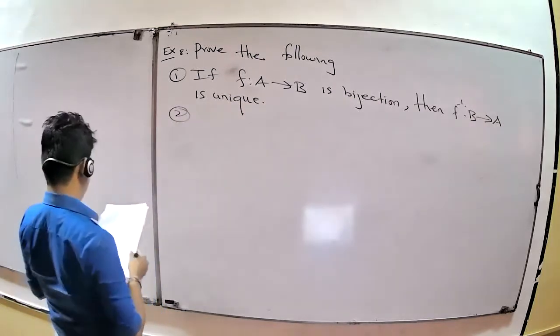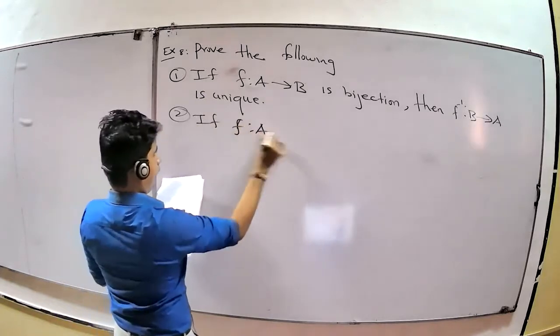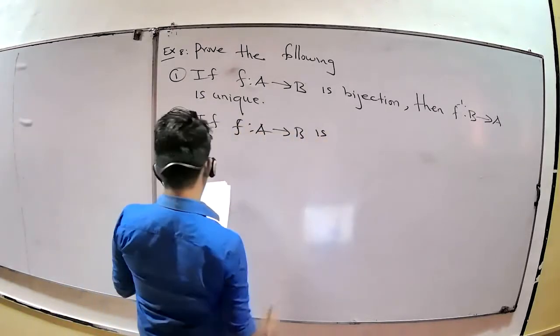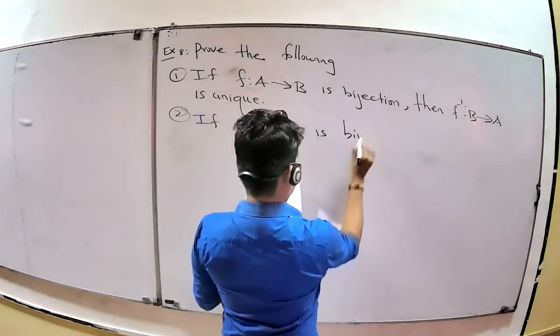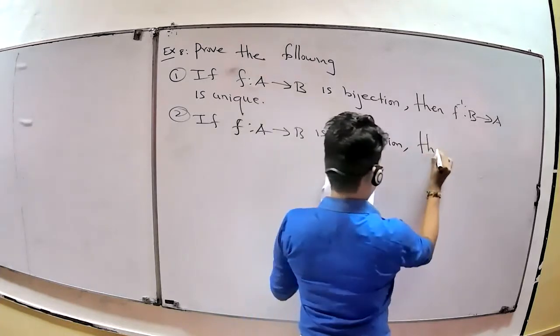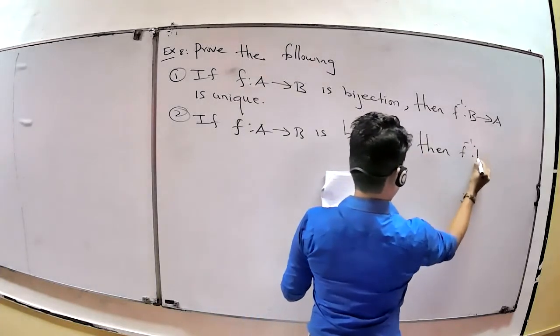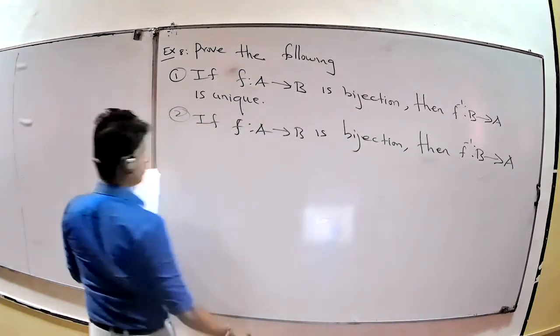Second part: if f from A to B is bijective, then f inverse from B to A is also bijective.